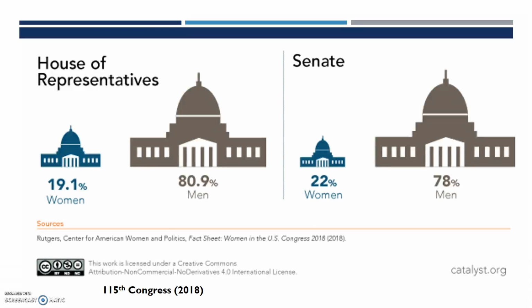And here is another way to look at it. That means only 20% of the people serving in the House of Representatives are women in 2018, and in the Senate only 22% are women, which is really strange considering that women make up 50% of the population, yet they don't make up 50% of our government positions. So even though we make progress, we still are not quite there.